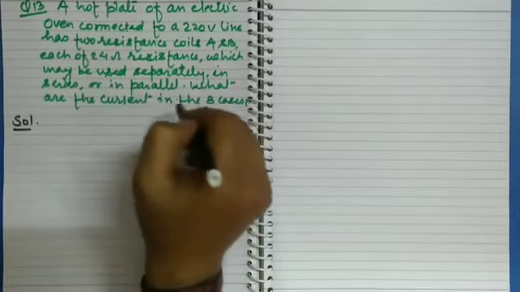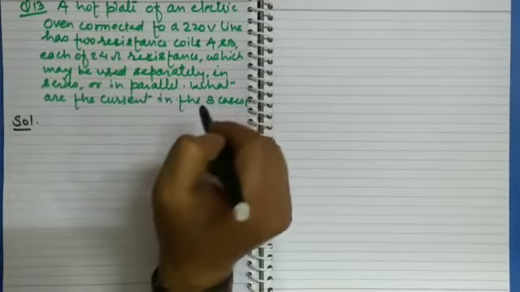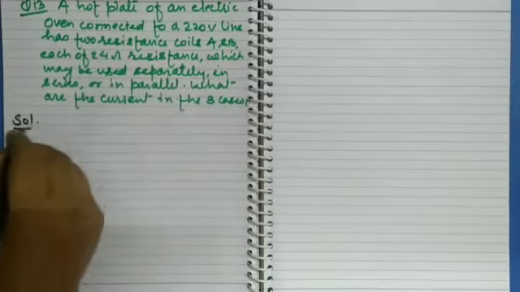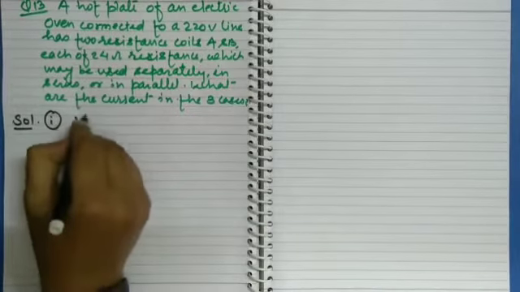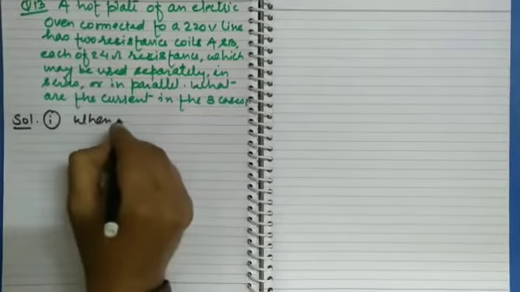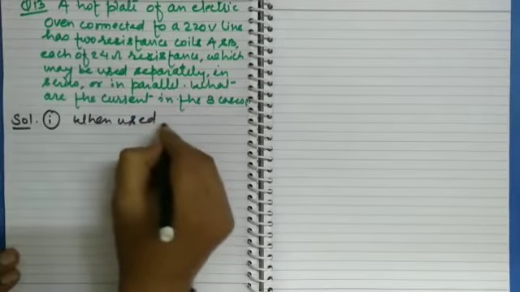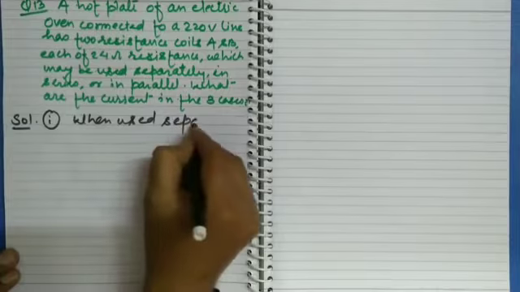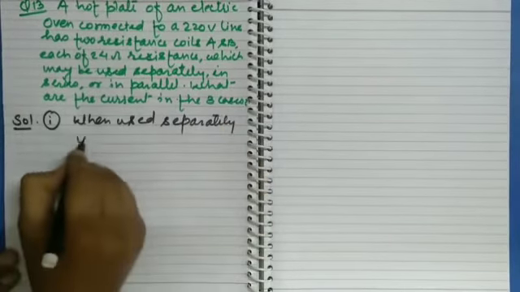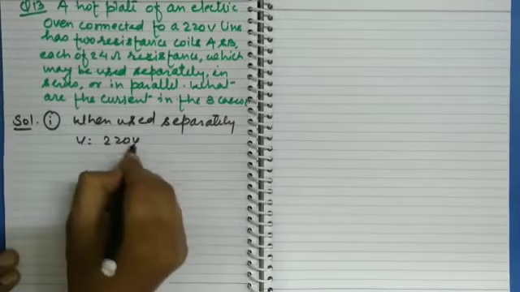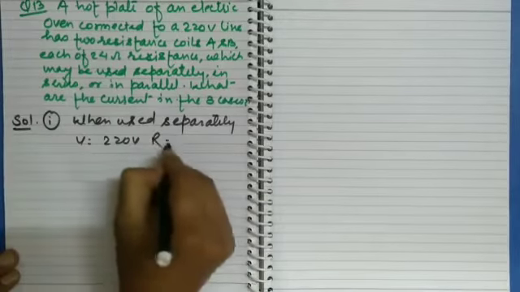These coils are used either separately, in series or in parallel. What are the currents in these three cases? First case, when used separately: V equals 220 volt and R equals 24 ohm.